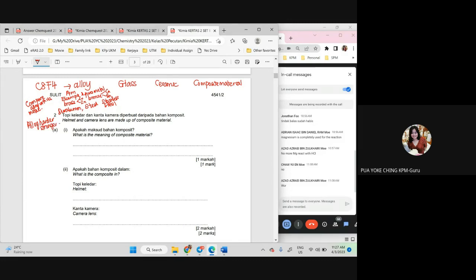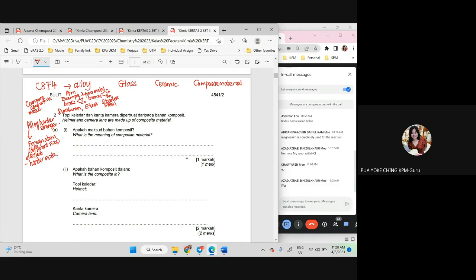Okay, so when you compare, you must mention the foreign atom. Foreign atom presence in alloy is different size, and then it disturb the orderly arrangement of the layers of the atom, and then make it harder to slide over each other.